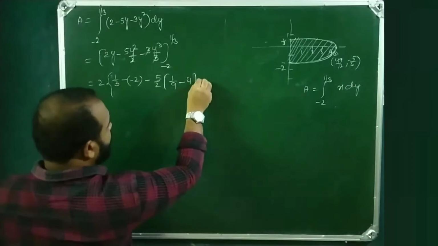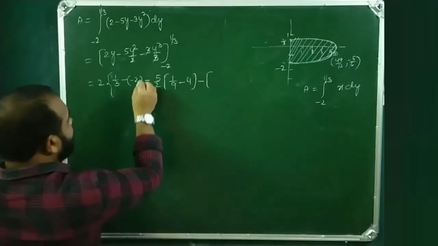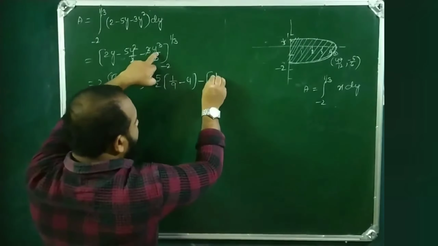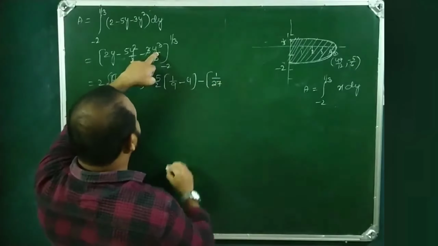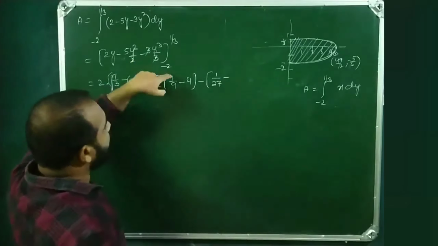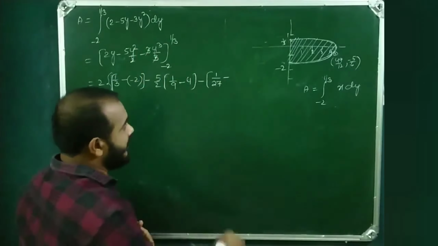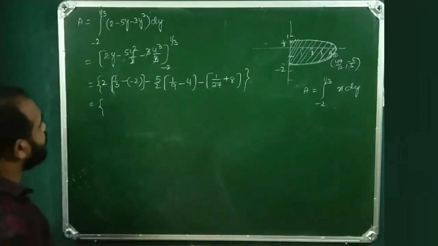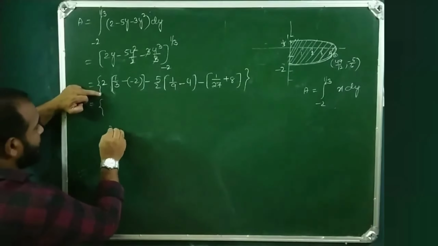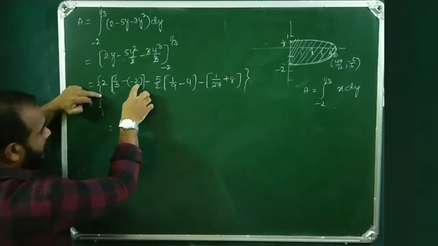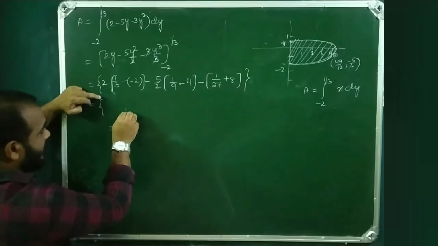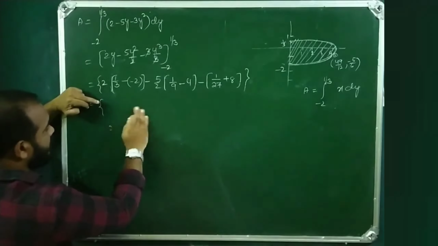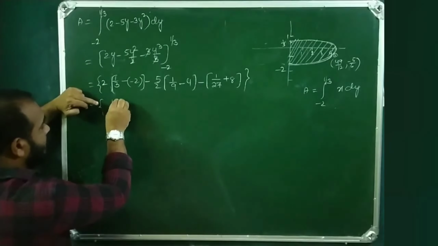3 gets cancelled. Minus of y cube: 1 by 3 whole cube is 1 by 27, minus 2 whole cube is minus 8, minus of minus is plus 8. So this equals 2 times 1 by 3 plus 2, which is 2 times 7 by 3, so 14 by 3.